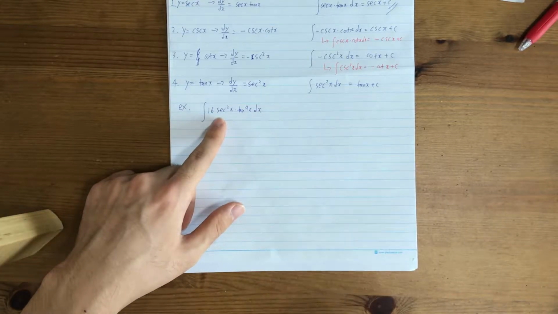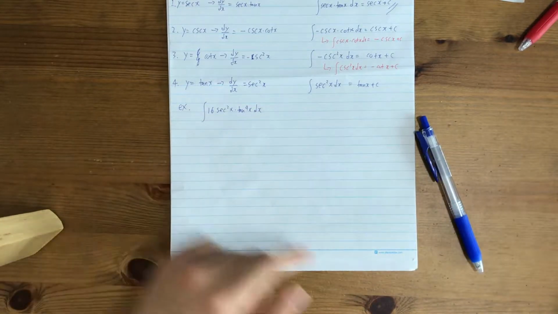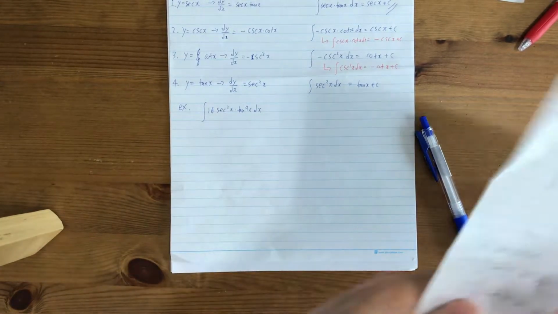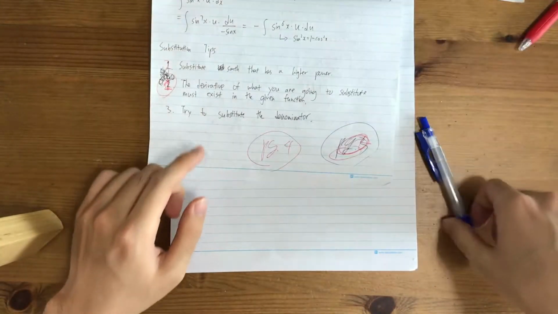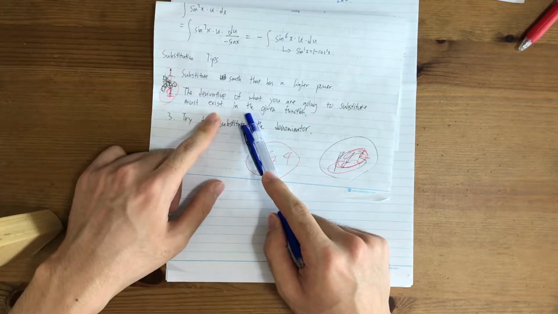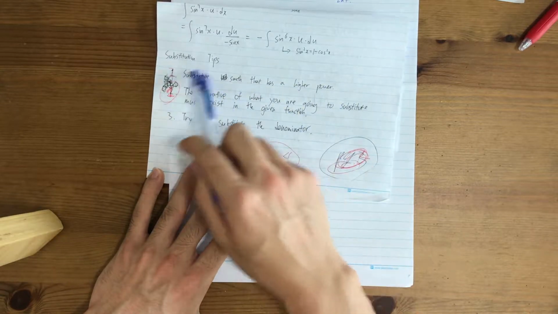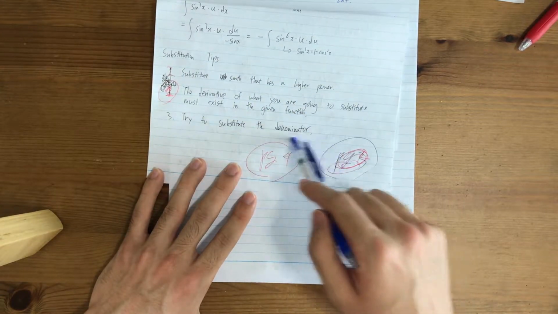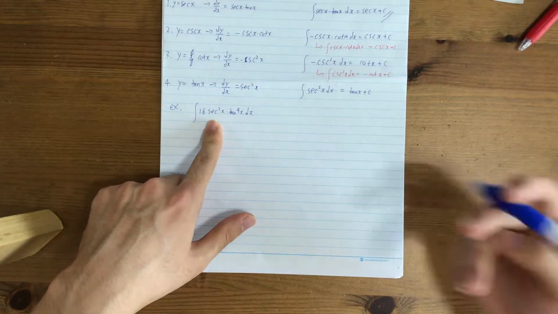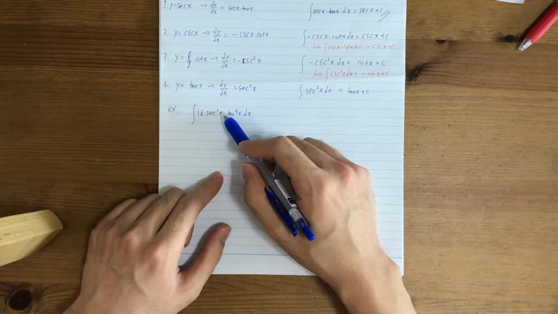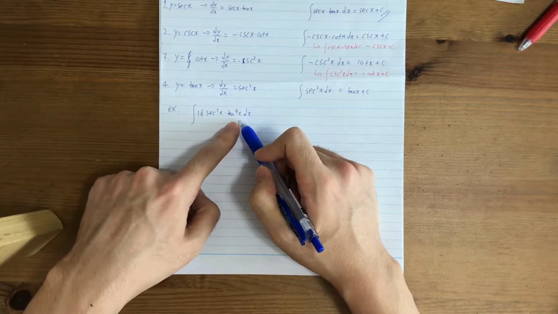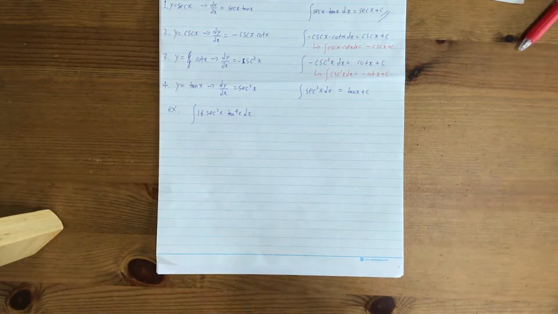Remember some tips for substitution: first, we check where the derivative exists, then we substitute with the higher power, and lastly, try to substitute the denominator. For this one, there's no denominator. Well, we can try to make one by making this into 1 over cosine squared and sine to the 4 over cosine to the 4. But let's not do that this time.